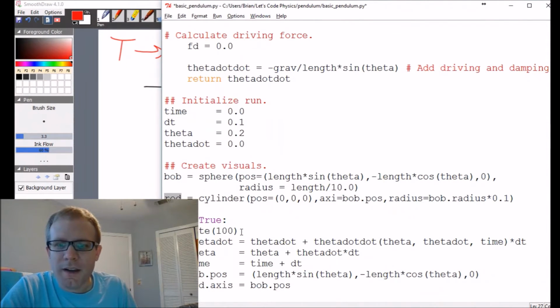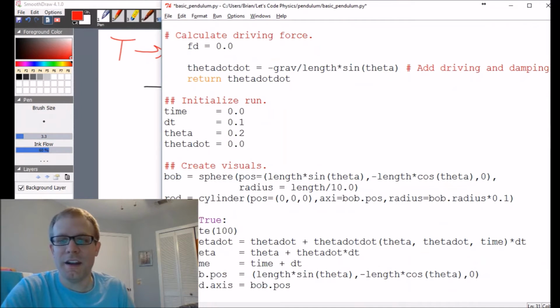Here's where all the physics happens. This is again the Euler-Cromer method. We increment the first derivative by 1 time step, so it's equal to the previous value plus the rate times the change in time. That's basically all that means.